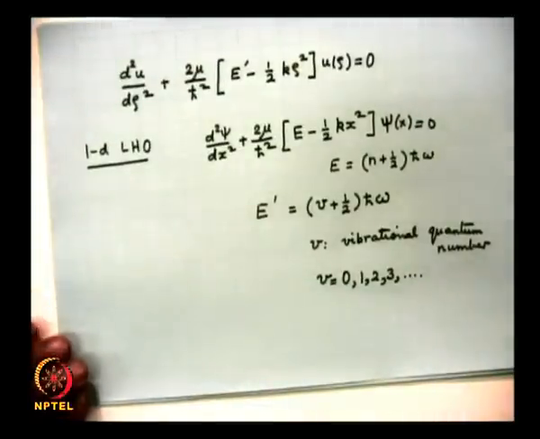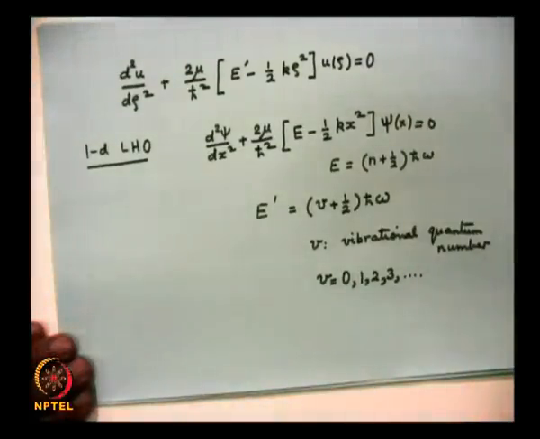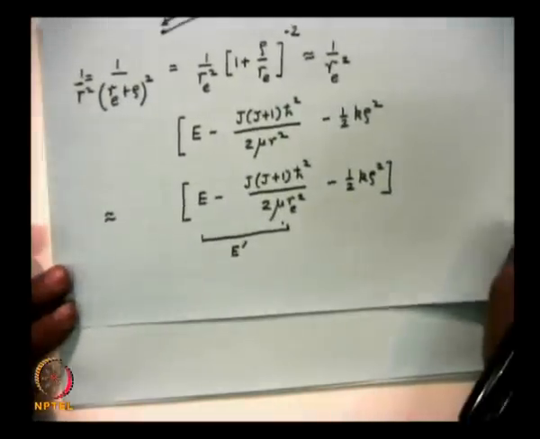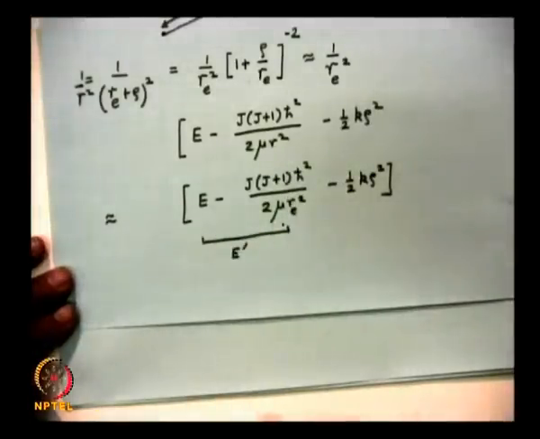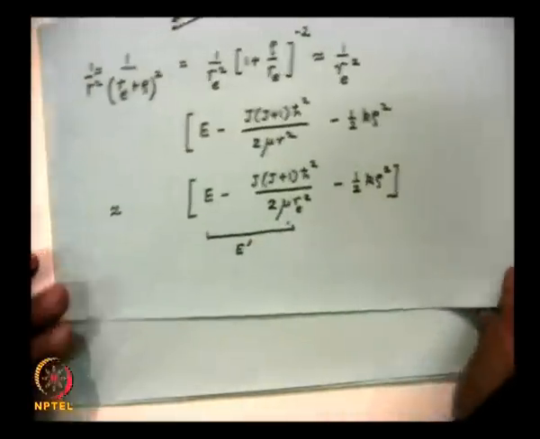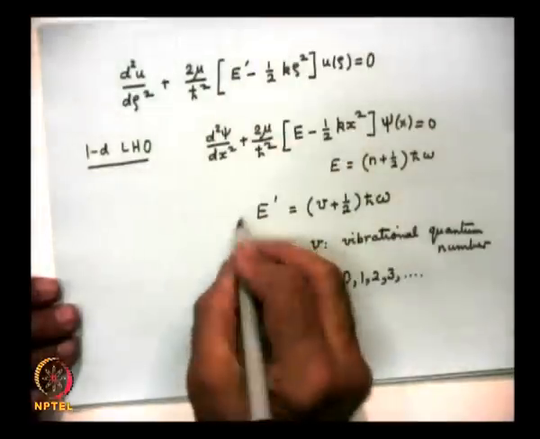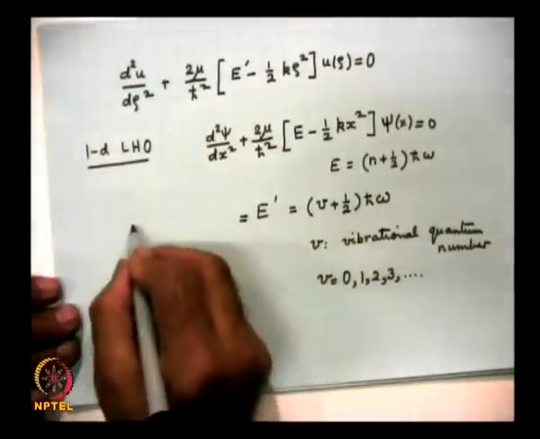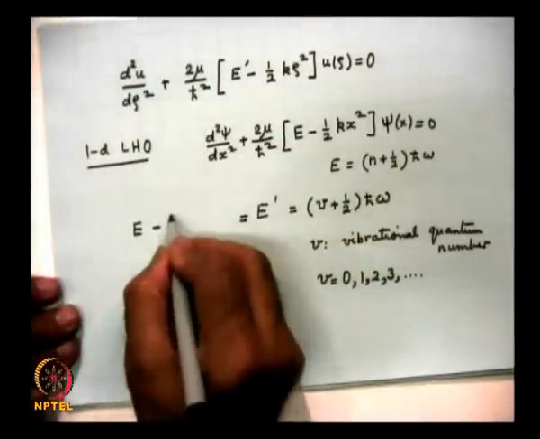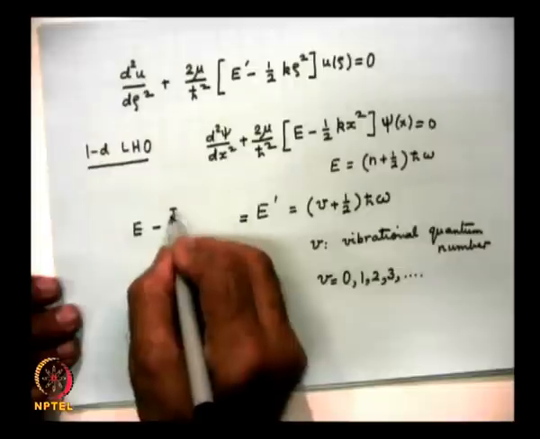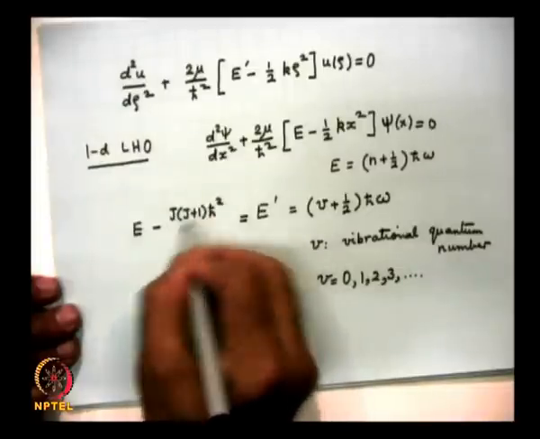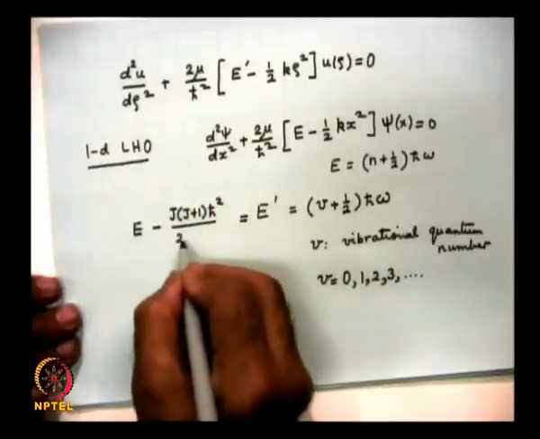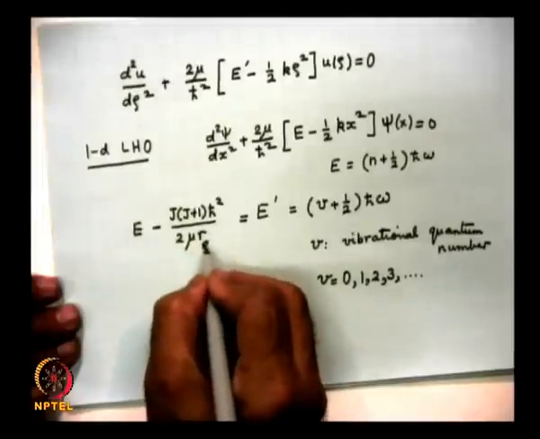So, if you recollect, the E prime which we had written down was equal to E minus j into j plus 1 h cross square by 2 mu Re square.